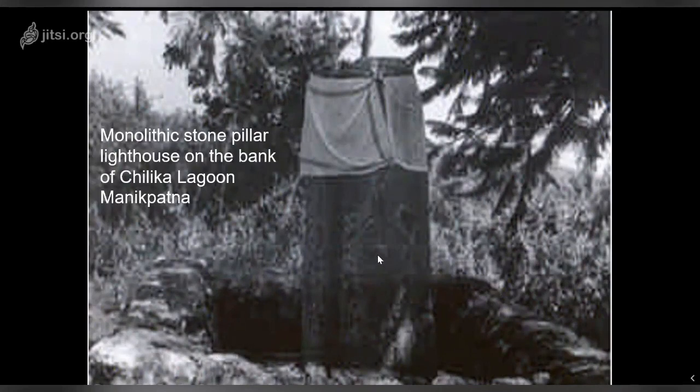They used to burn oil for the purpose of making it a lighthouse. And this port was located inside the lake, not right on the main Bay of Bengal beach. So it was a very safe passage to get into the harbor and then berth near the village Manikpatna.